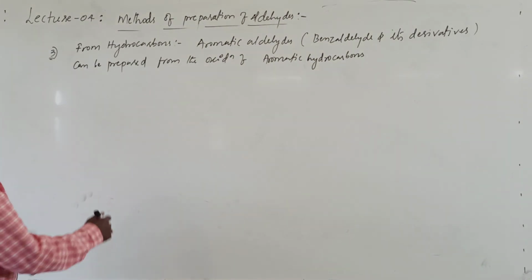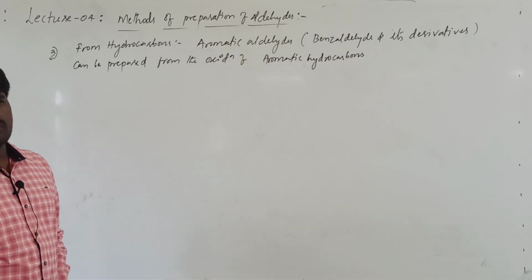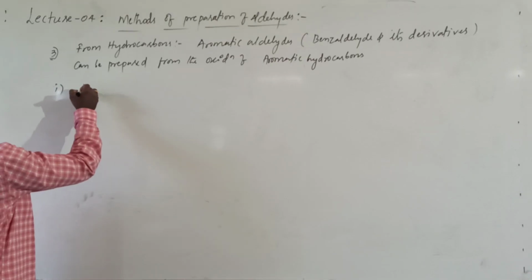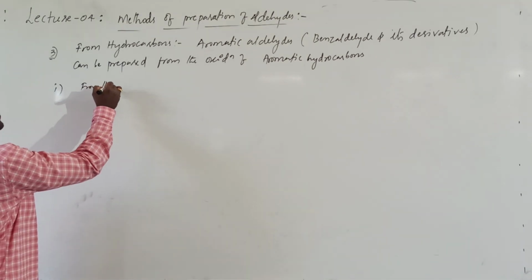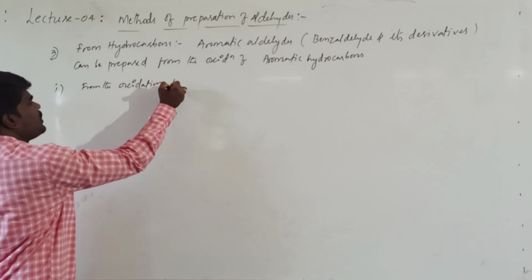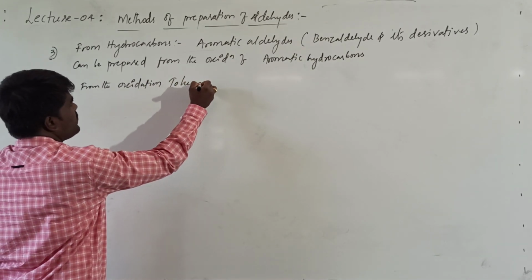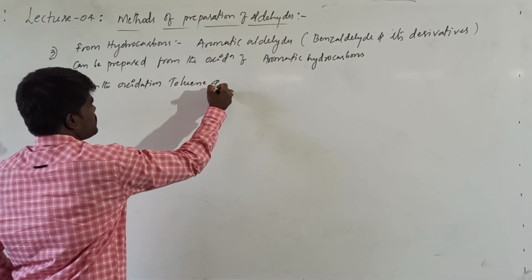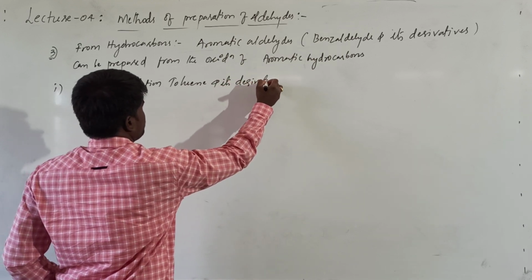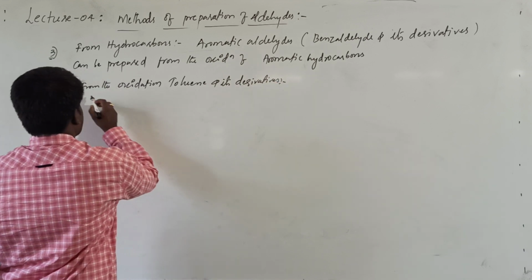Now, basically, the oxidation of aromatic compounds. First of all, we will discuss the oxidation of toluene and its derivatives. We'll see what is meant by this.